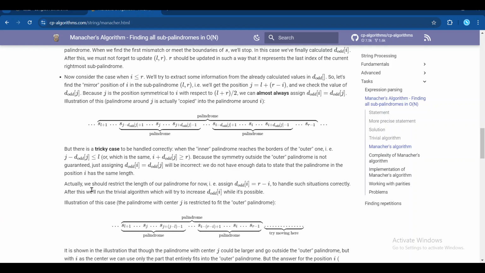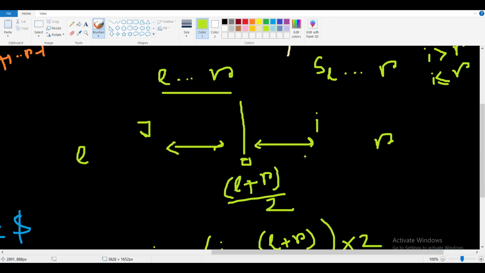Now there is a case when the P value of J exceeds the L range, and similarly I plus Pi will exceed the R range. That's why, similar to what we did for the Z algorithm, we have to take the minimum.